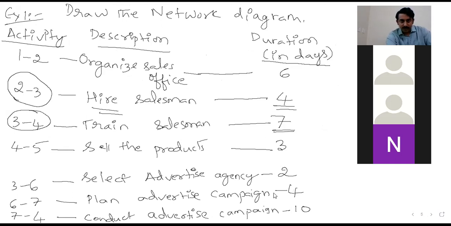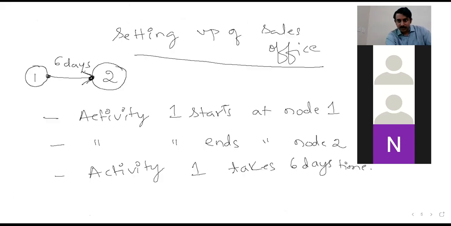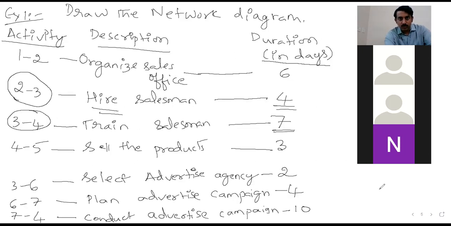One of the questions here is, is the explanation needed for each of the diagrams? No, not required. For the examination, if the question is only to determine the network diagram, let us assume the question they have asked is only to draw the network diagram.